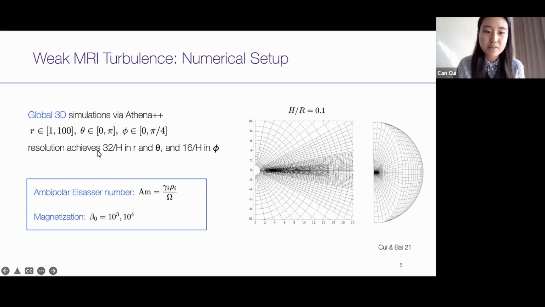There are two parameters in the simulations. The first one is the ambipolar diffusion Elsasser number, which parameterizes the strength of ambipolar diffusion. The other one is the disk magnetization, parameterized by the plasma beta, which is defined by the gas pressure over the magnetic pressure.